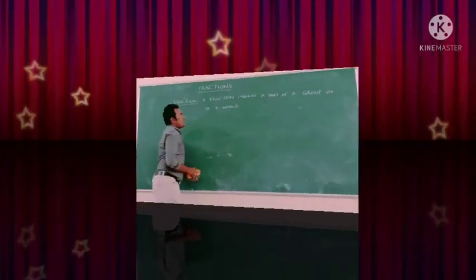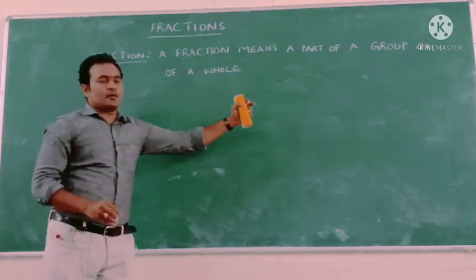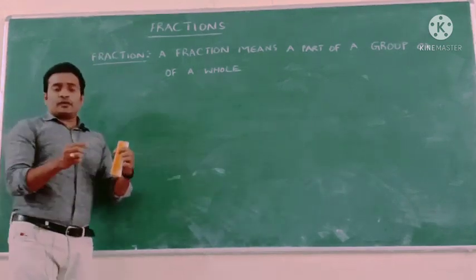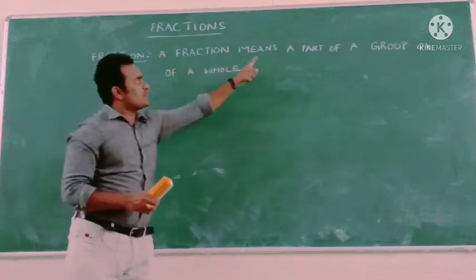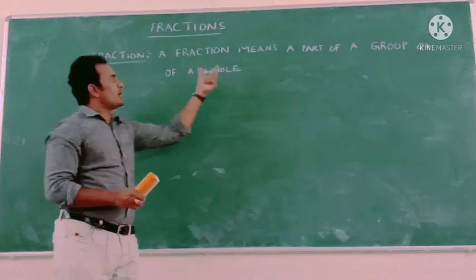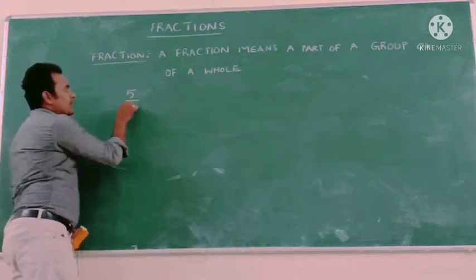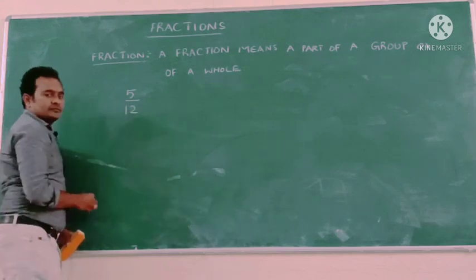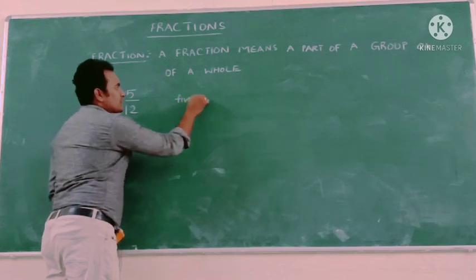Have you noticed the definition of a fraction? A fraction means a part of a group or of a whole. Suppose we take 5 by 12. It is read as 5 twelfths.